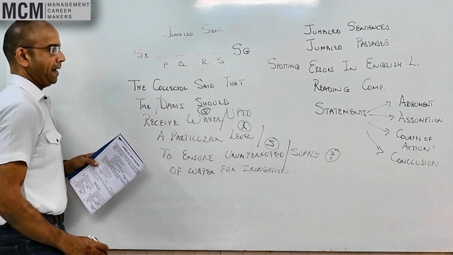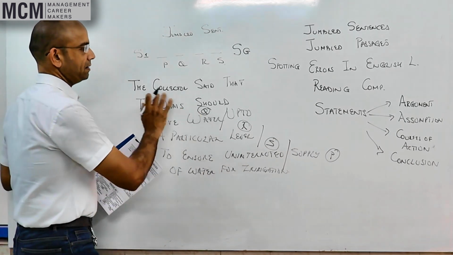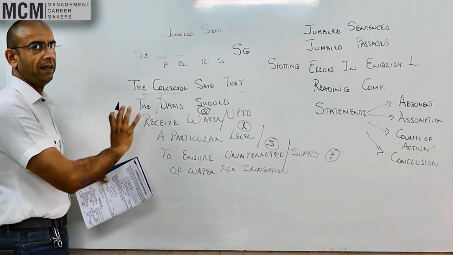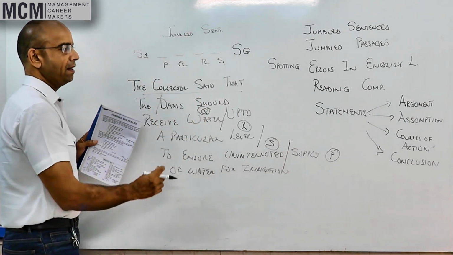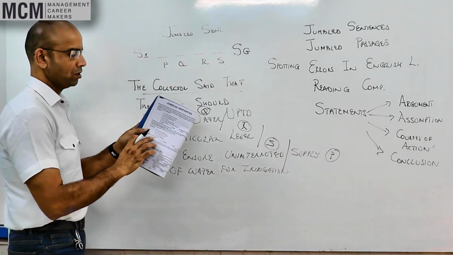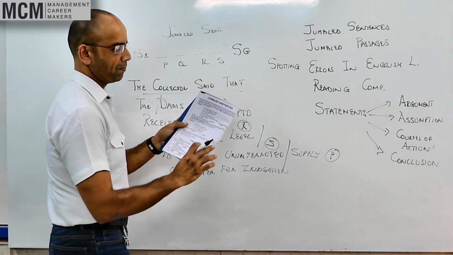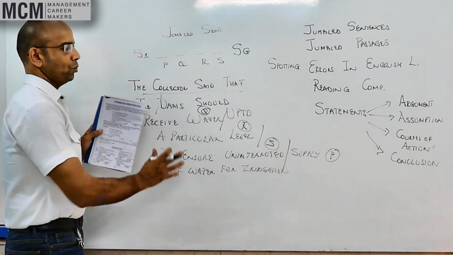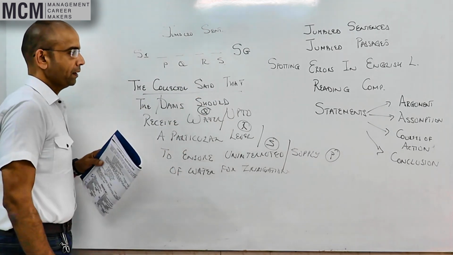Alright? In the sentence, they've actually started off with the collector said that, and they put PQRS. You have to form the entire sentence correctly, and of course arrive at the correct option. They give you four options: QRSP, RQSP, SPRQ, and of course SRPQ. You have to choose the right combination.